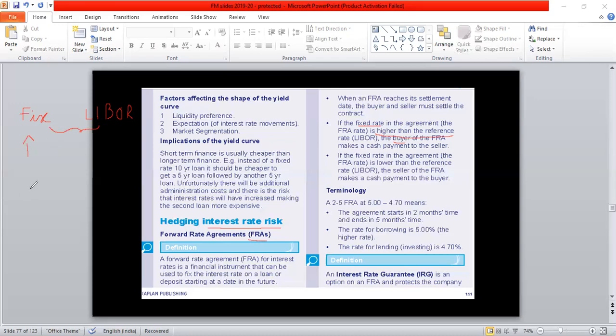If the fixed rate is lower than the prevailing rate, he will have to pay a lesser. So rather, the seller of the FRA will make the cash payment to the buyer. That is forward interest rate agreements, FRAs. Okay.